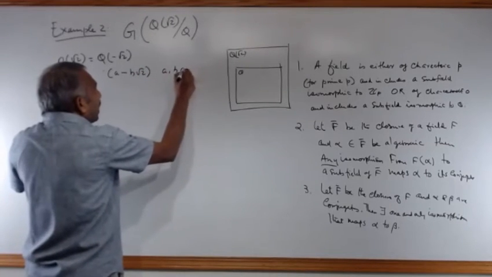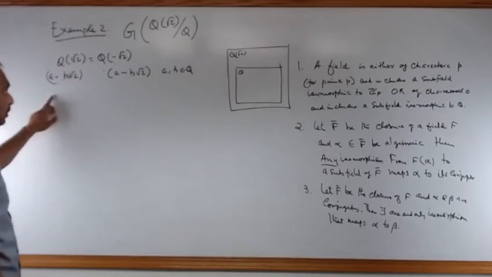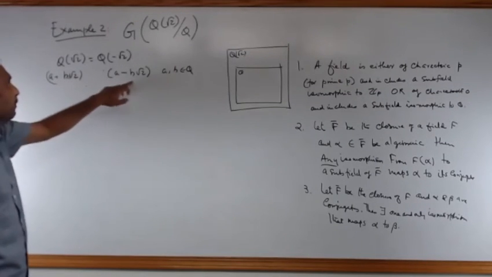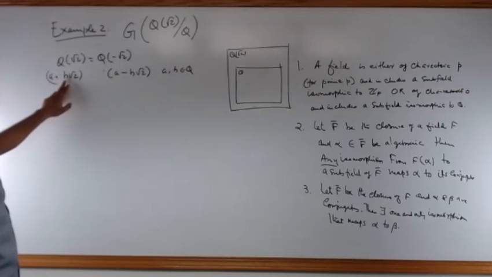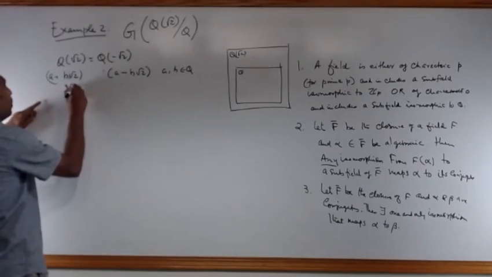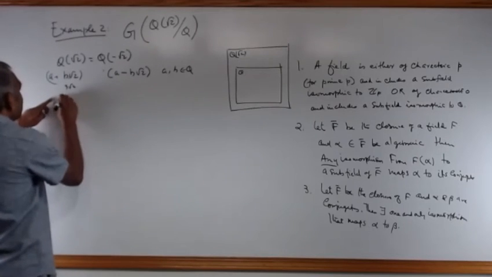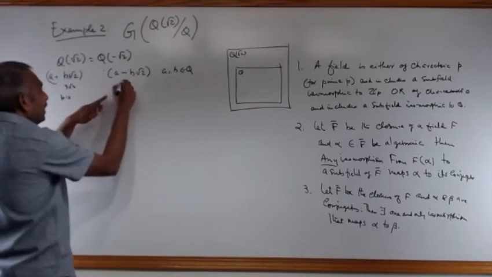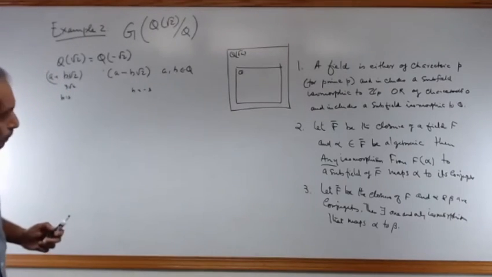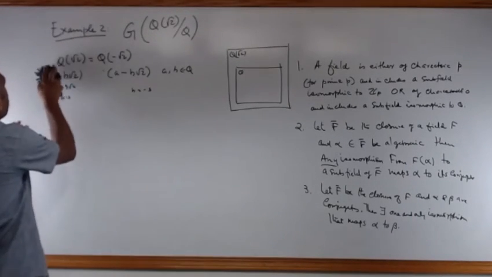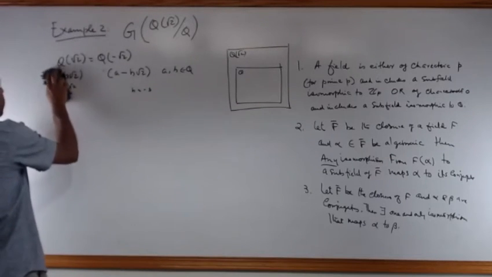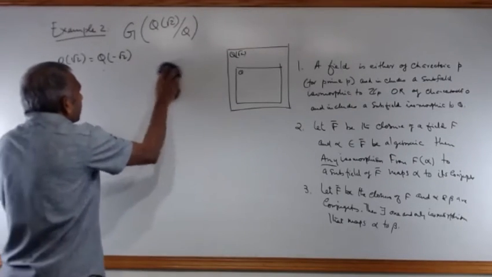A and b are in Q. So minus and plus doesn't make any difference in Q, because here if it is 3 root 2, b is 3. Here then b is minus 3. So those are same. So these two fields are one and the same.